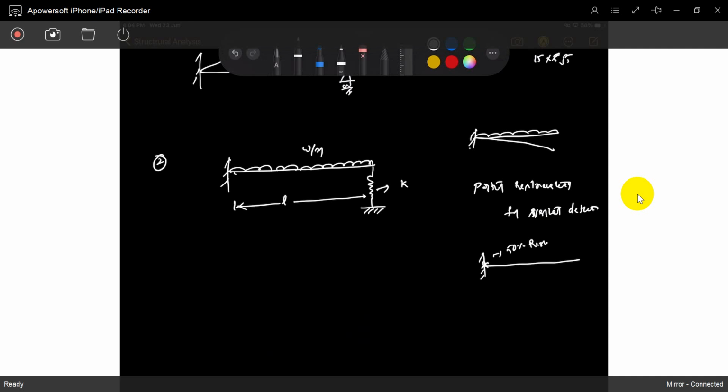In field conditions, what is fixed? If you take two plates and put bolts with a nut and washer firmly, it will be fixed.